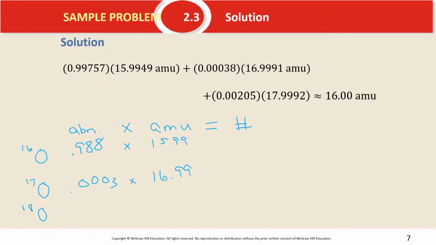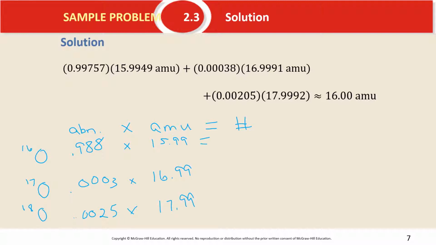And then 0.205% into a decimal is 0.00205, and its atomic mass unit was 17.99.